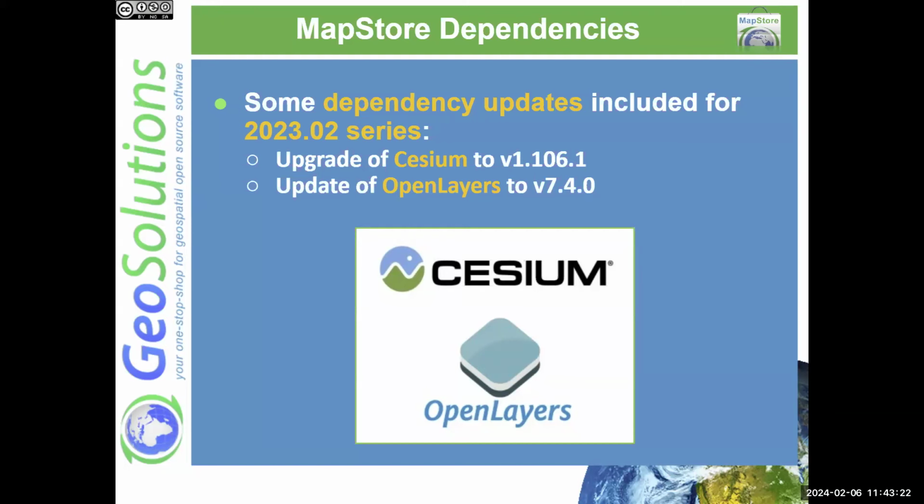So we updated Cesium to get the possibility to visualize this kind of layer also in MapStore. And OpenLayers also to improve the drawing system, draw support, and make it easier in the ongoing work to create and improve the workflow for annotation, for example, the creation of annotations.